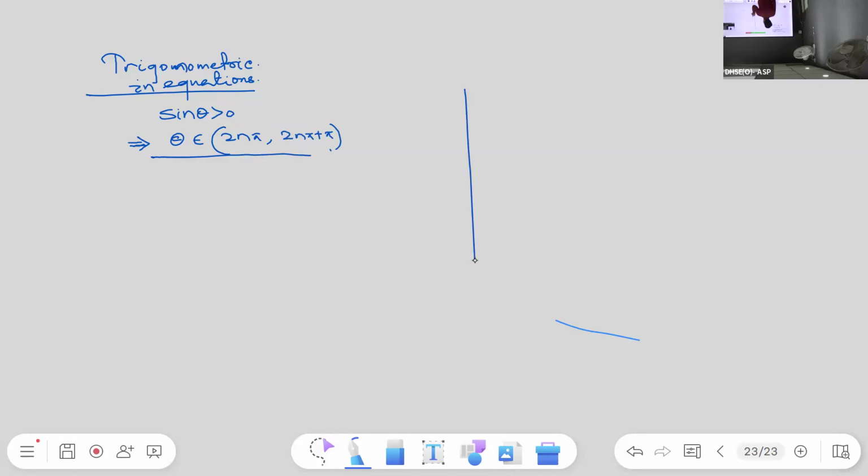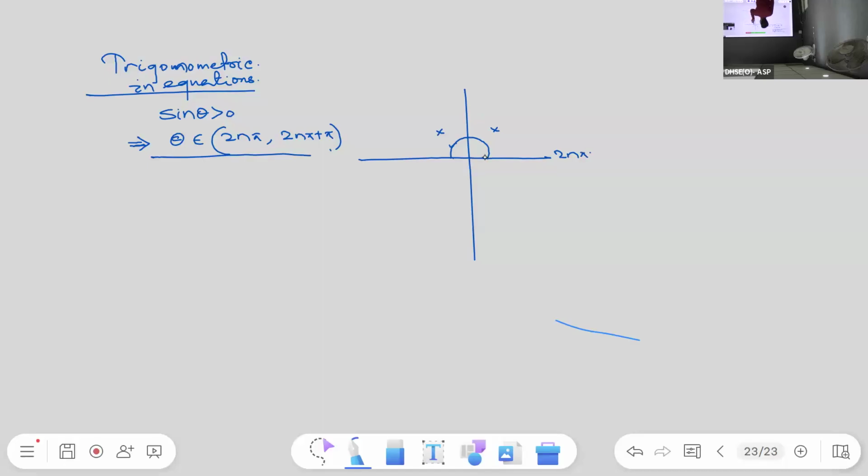Come to the explanation. Sin theta greater than 0, either theta will be in the first quadrant or in the second quadrant. Because in the first quadrant, all trigonometric ratios are positive, that means sin is positive. In the second quadrant, sin itself is positive. You know this position is your 2n pi region.